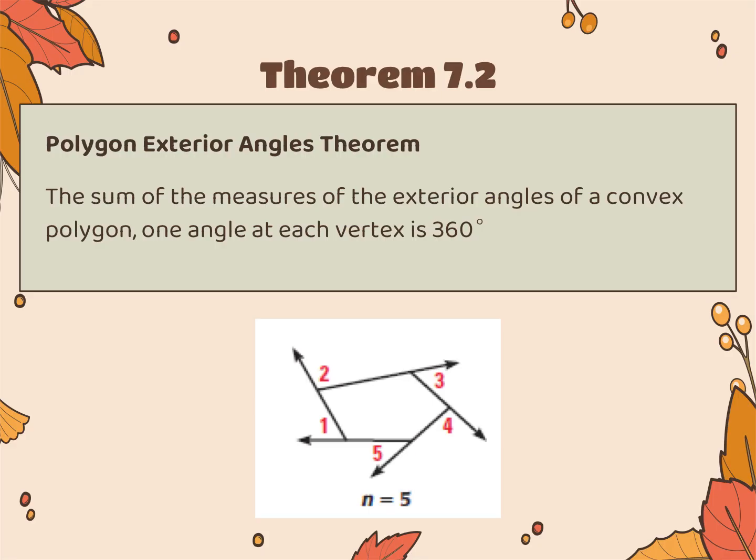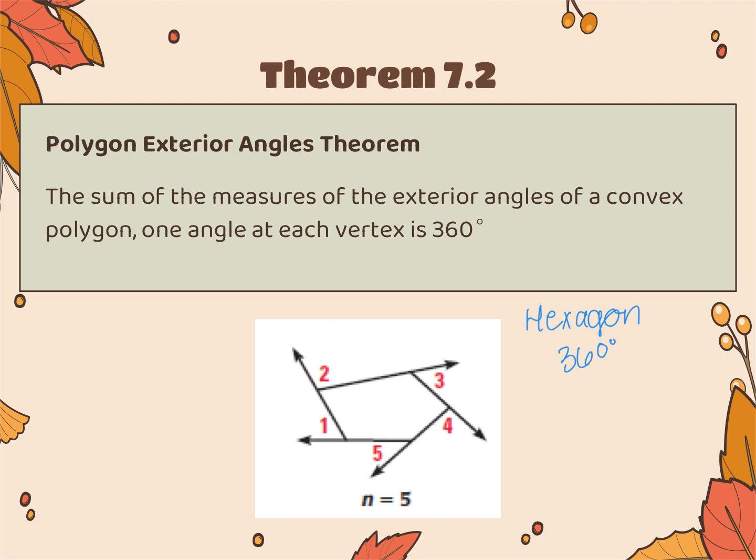All right, now we have another theorem, the polygon exterior angle theorem. It says the sum of the measure of an exterior angle of a convex polygon, one angle at each vertex, is 360. What this means is any polygon you have, the sum of the exterior angles is always going to be 360. So it doesn't matter what kind of polygon you have. If you have a hexagon, your sum of the exterior angles is going to be 360.